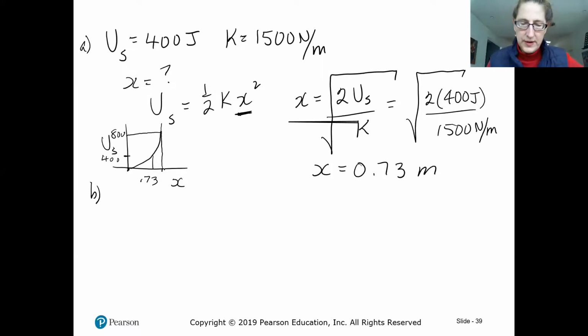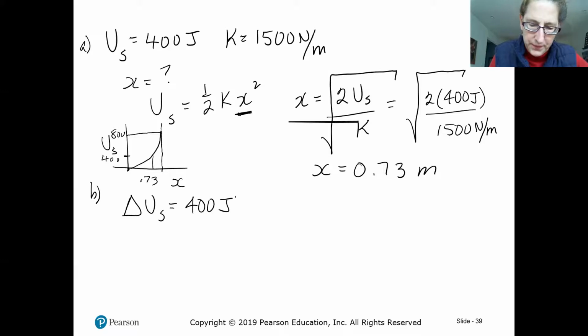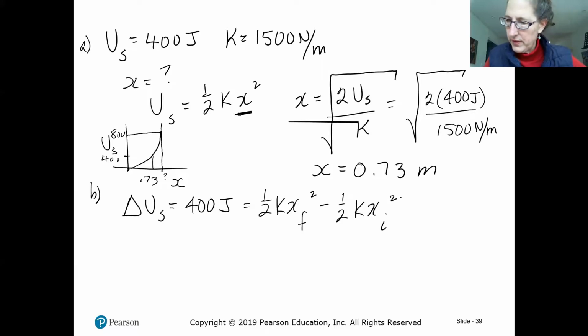So how do we get the answer? Well, we use change. The change in the spring energy now has to be 400, from this 0.73 up to whatever the final length is. And any change is always defined to be the final minus the initial, so that'd be one half k x final squared minus one half k x initial squared.